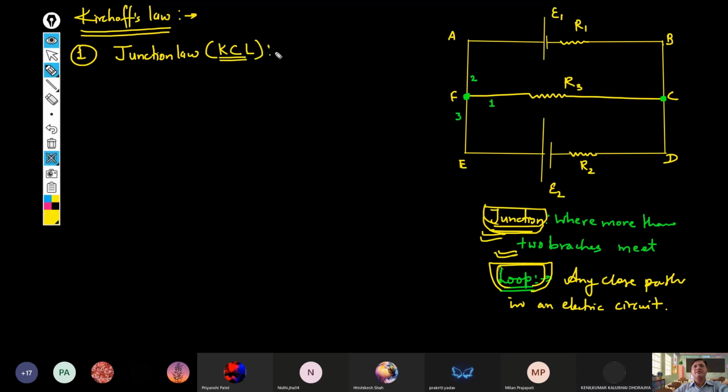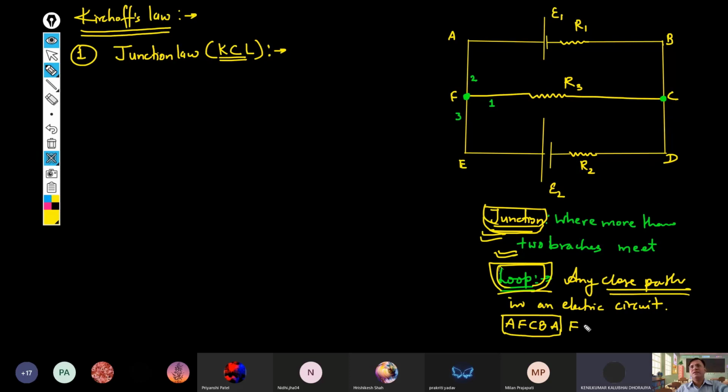Sir, can you again explain the loop part? Loop. See, here in this circuit, if I talk about A, F, C, B, A, it is a closed path. Yes or no? So this closed path is a loop only. Clear?